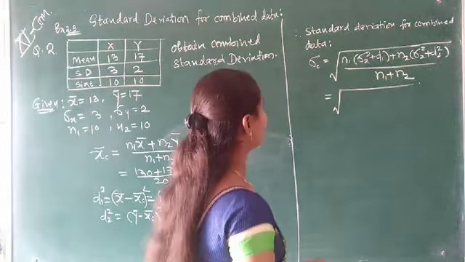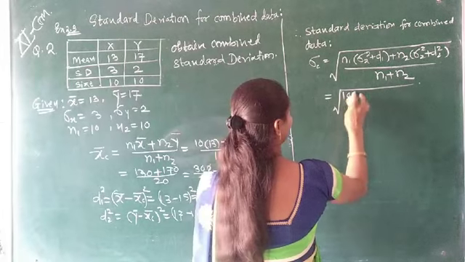What is n1? That is the number of observations, 10.